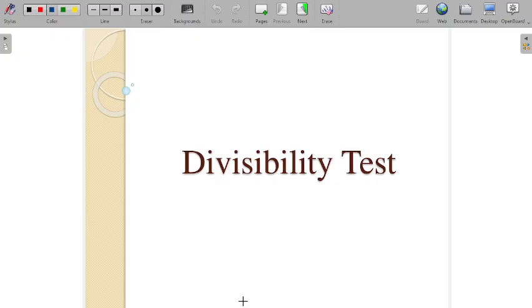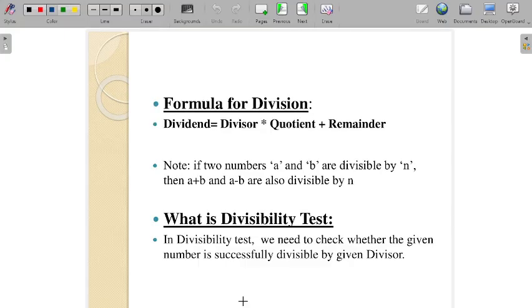First of all, we all know the formula for division. What is the formula for division? Dividend equals divisor multiplied by coefficient plus remainder. Now, there are two numbers a and b, both divisible by n. Then the sum of these two numbers or the difference of these two numbers is also divisible by n.